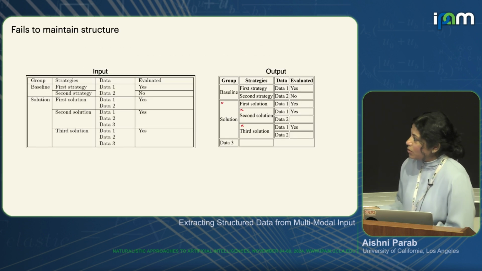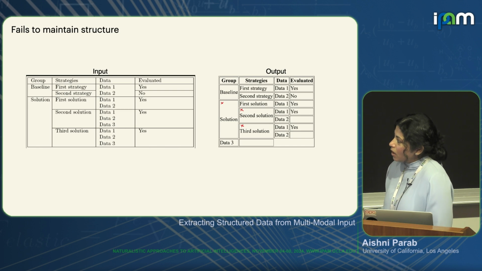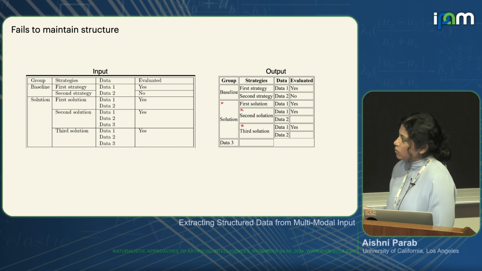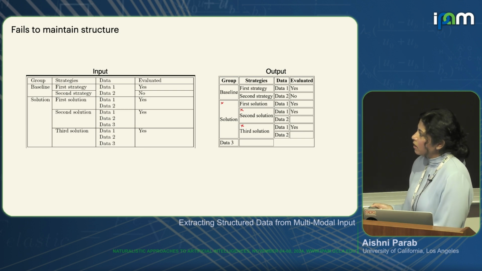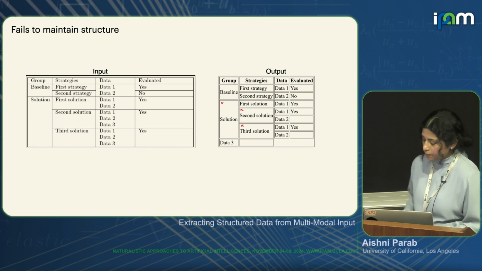It also fails to maintain structure. So here's the input image, and here's the output from the LLM. As you can see, the row span for this particular cell is one less than it should have been. And it also makes some span errors for these two cells.